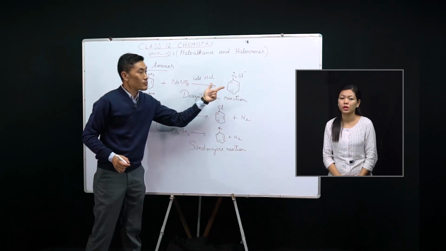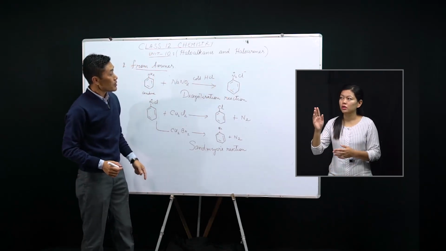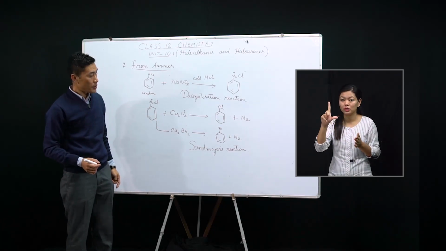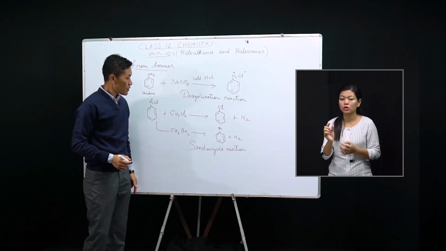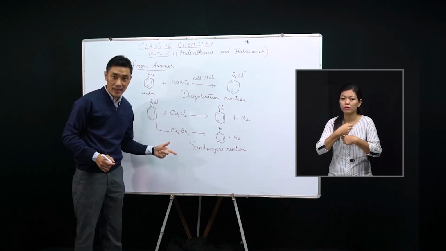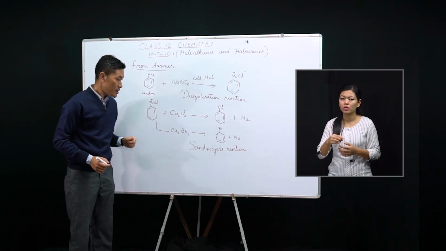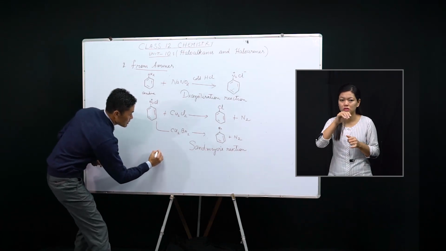The diazonium salts can be used for preparation of iodoarenes also. But in this case, we don't use cuprous iodide. We simply shake the diazonium salt with potassium iodide and we get iodobenzene.